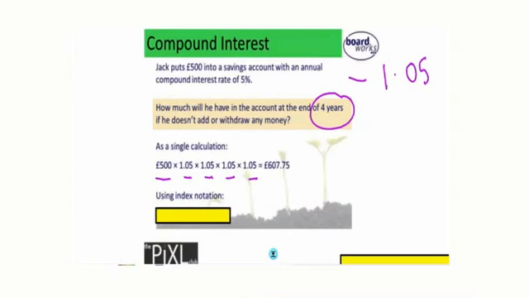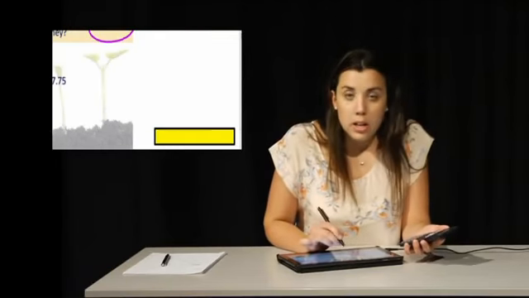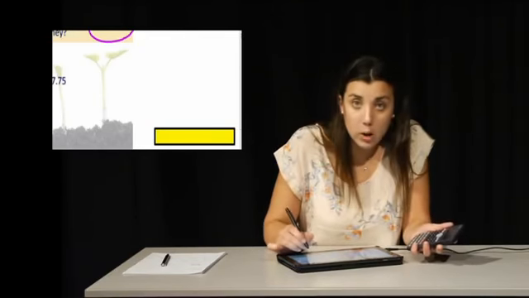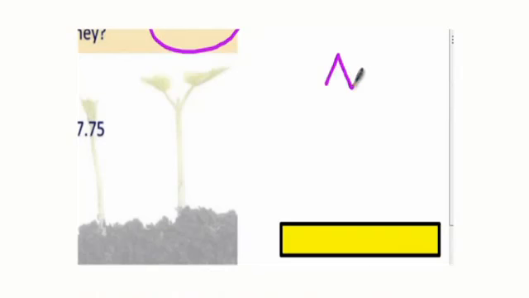So what we use instead is index notation. We have our original amount, £500, multiplied by 1.05 to the power 4, 4 representing the number of years. If you're using index notation, it's really important that you know where the button is on your calculator. It's normally at the top section, above the numbers. On my calculator, the button looks like this.